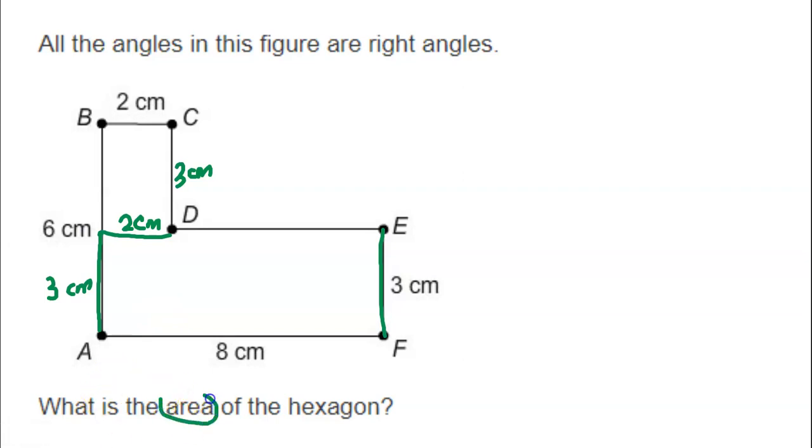Oh, the area of this hexagon. So I'm going to multiply 2 times 3, which gives me 6. And then I'm going to multiply 3 times 8, which gives me 24. And then I'm going to add those two together.